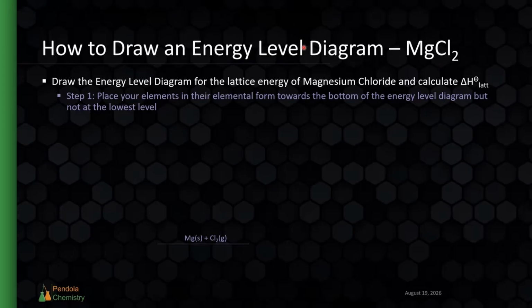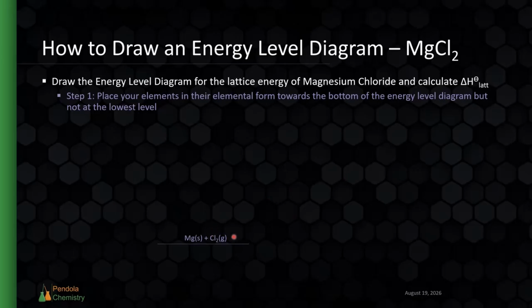Now, step number 1, where you're trying to draw an energy level diagram for lattice energy specifically, is going to be to place your elements in their elemental form. Now, you do want to place this towards the bottom of your energy level diagram. One of the important things that you will learn as you do these is to start placing things appropriately.